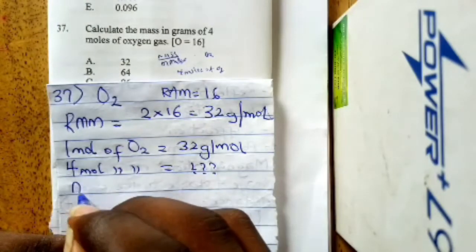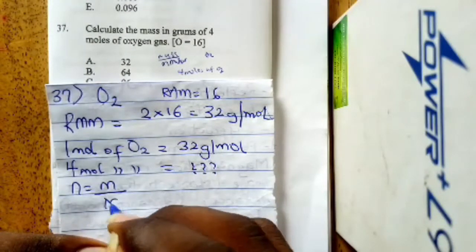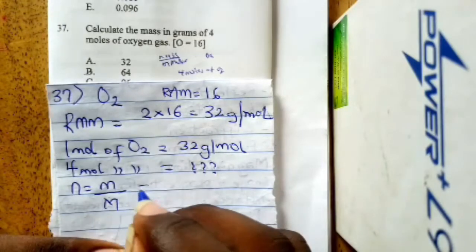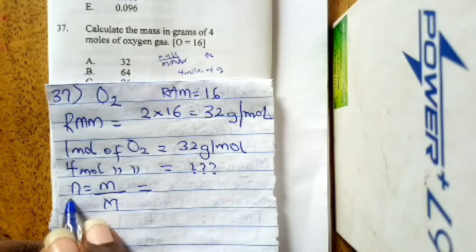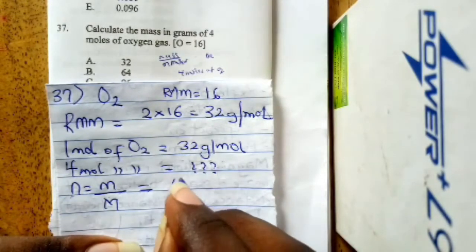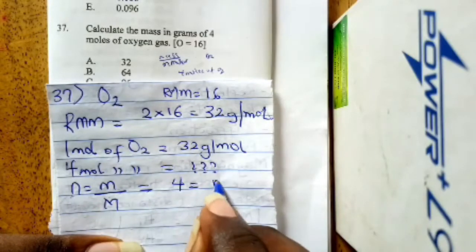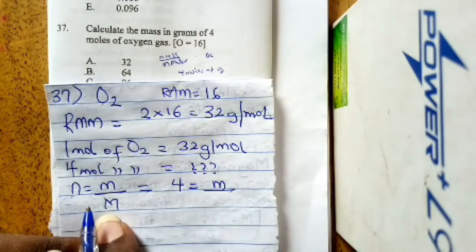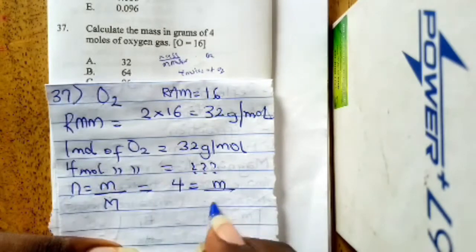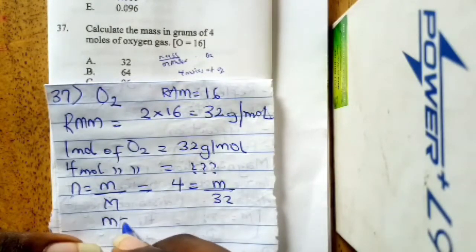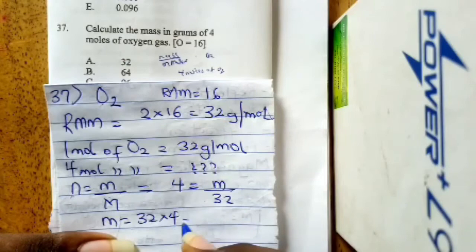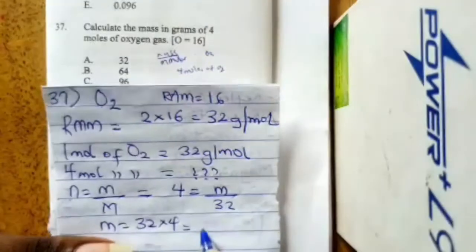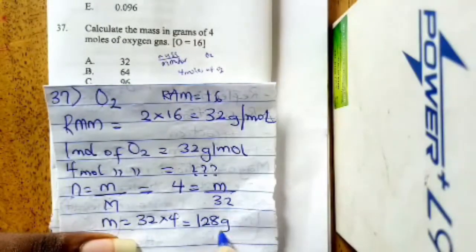We can use the relationship n equals m over molar mass. Since we know the number of moles, 4 equals m, which we don't know, over the molar mass of oxygen gas, 32. So m is equal to 32 times 4, which gives us 128 gram.